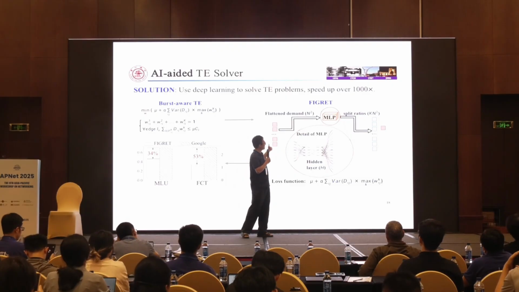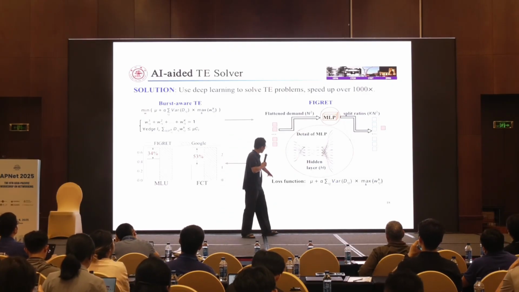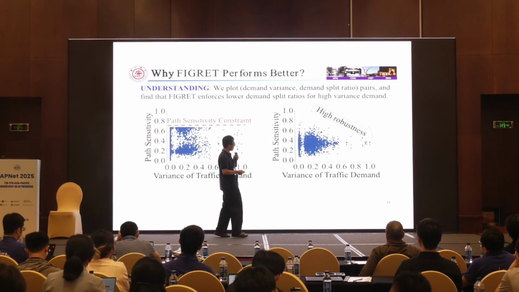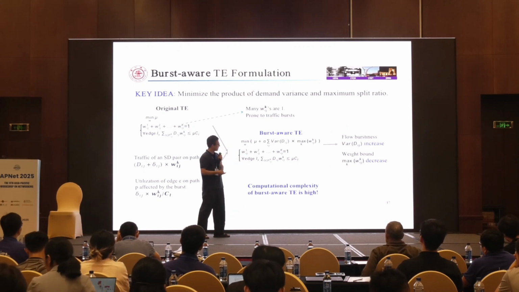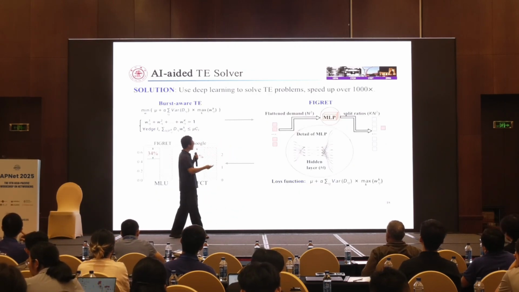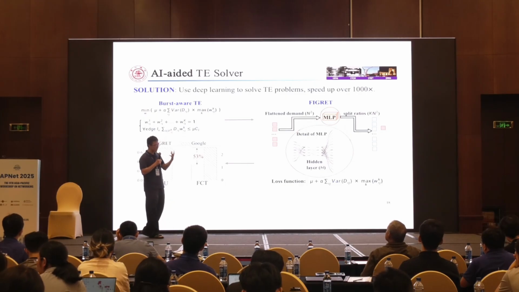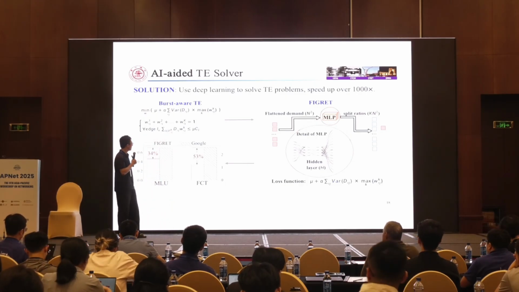We allow the neural network to learn the solution, and we set the loss function as the objective of this formulation. Just by this learning approach, we can significantly accelerate the solver running time.